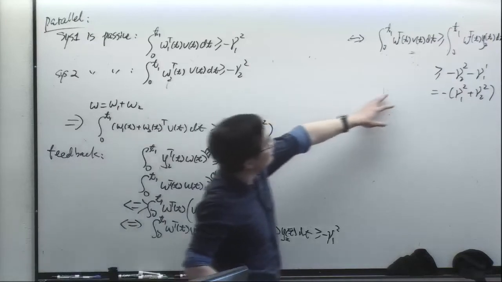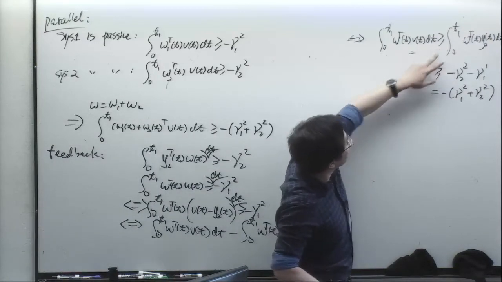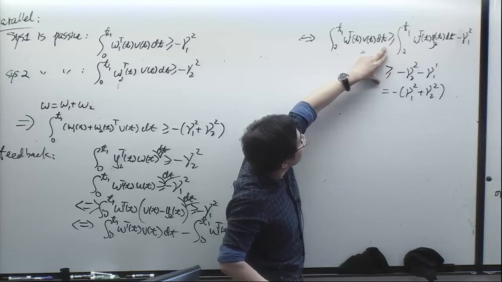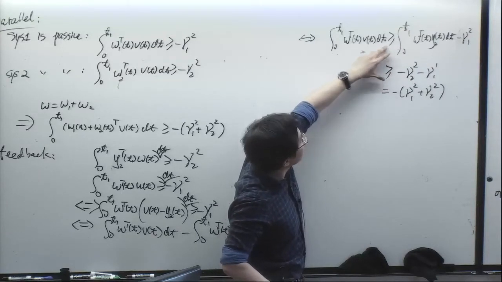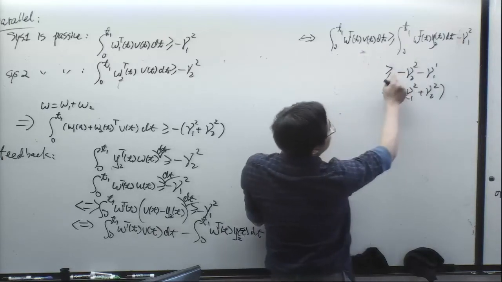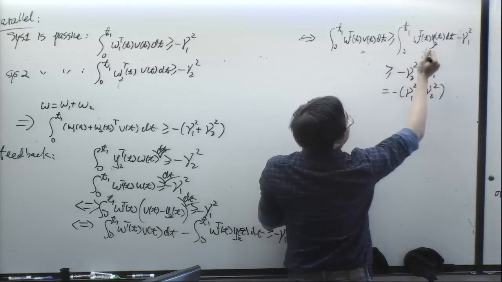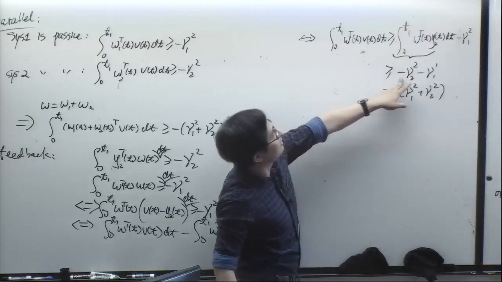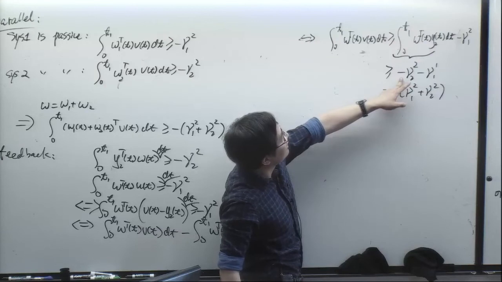So there's one step here. This is both larger than or equal to, but it's slightly different. These two larger than or equal to are a little bit different. Here, for larger than or equal to, we use the fact that this is larger than or equal to negative gamma squared. Okay?